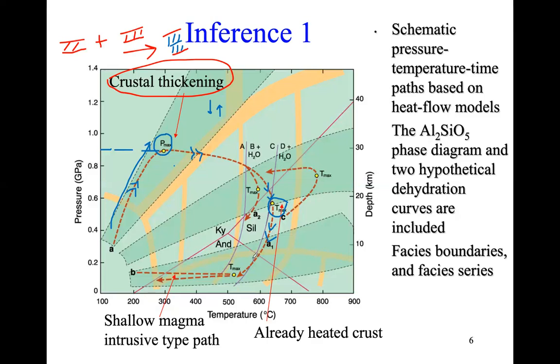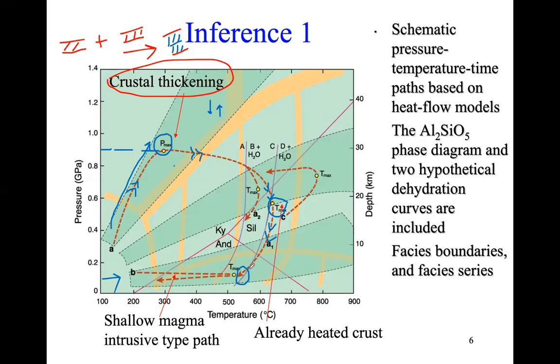And then finally, it will come to some very shallow level, right? Very shallow level, like here, and the temperature is still a little bit higher, around 500 or 550 or something, but the pressure is very low, right?